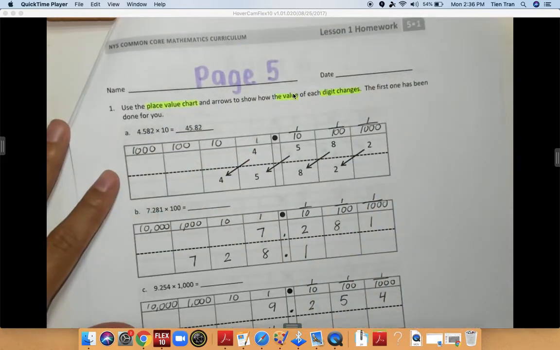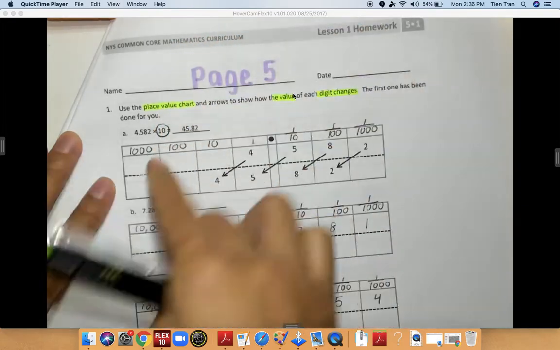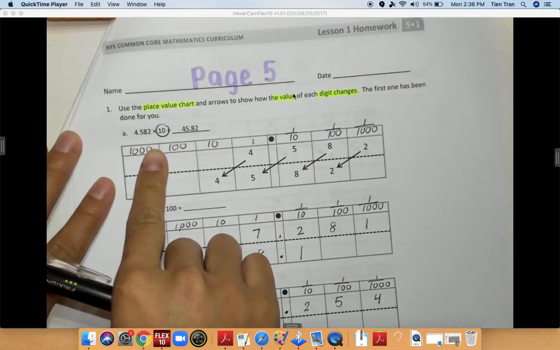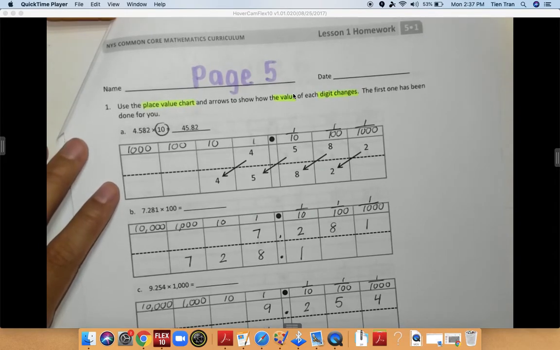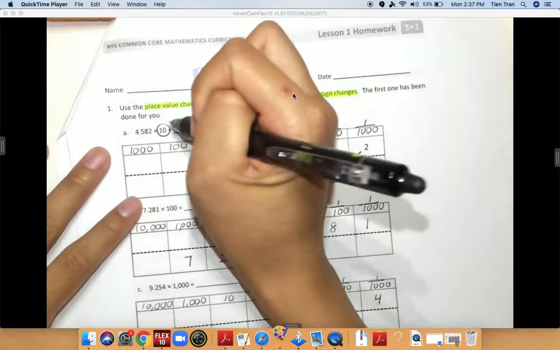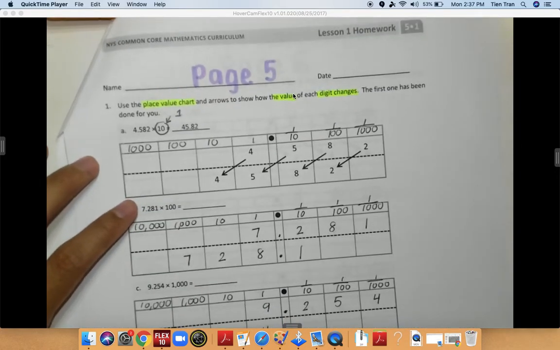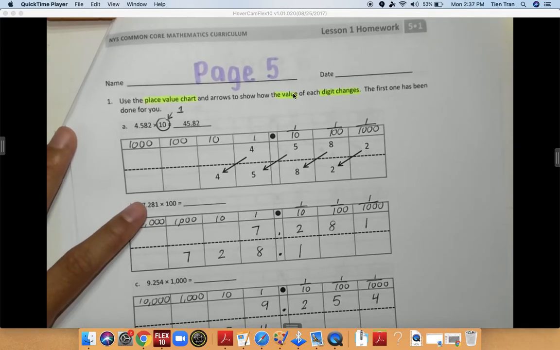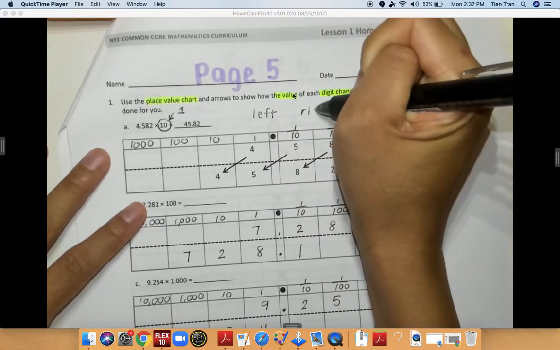So you're wondering, how does that happen? I'm looking at this number right here. It says I'm multiplying times 10. When I'm multiplying a number times 10, I'm going to look at how many zeros there are. In this case, we have 1 zero. That means that I'm going to move my digit over either left or right.